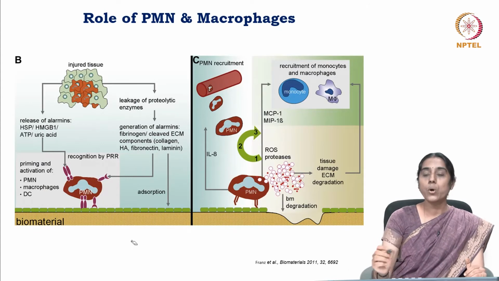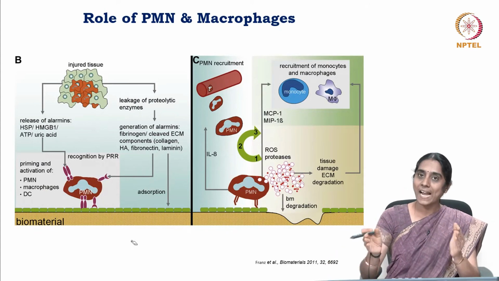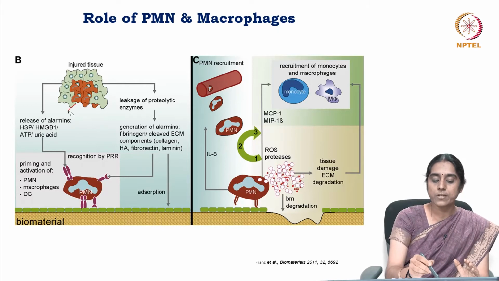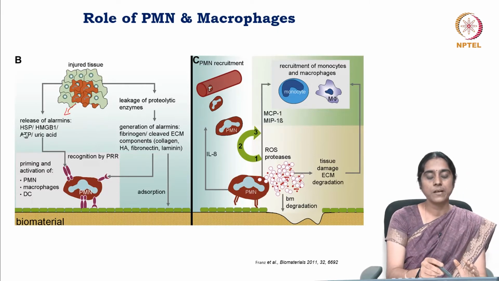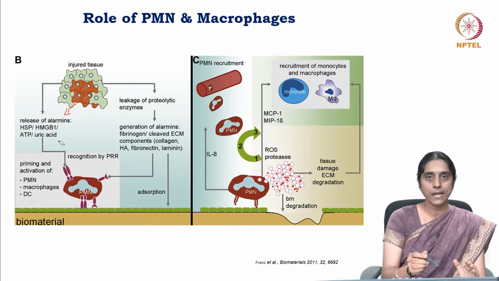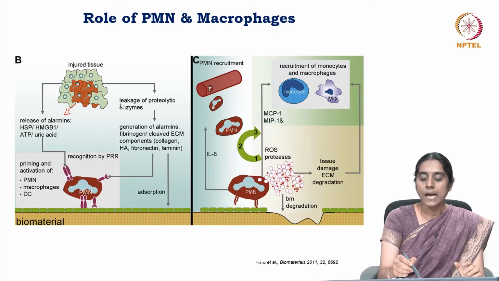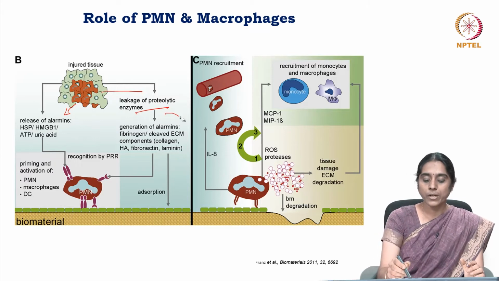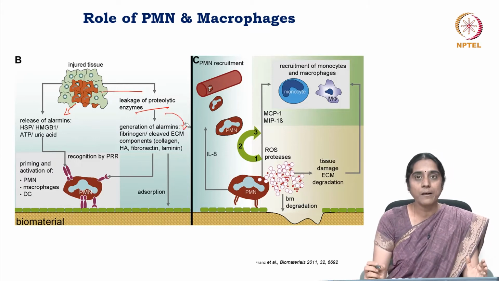So, what is the role of macrophages and PMNs together? When your tissue releases alarmins, heat shock proteins and uric acid during injury, it will cause leakage of proteolytic enzymes. That is going to cause the generation of alarmins.